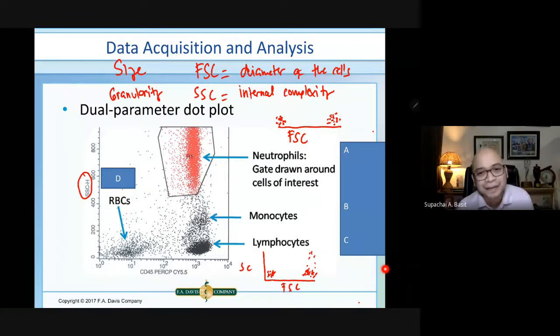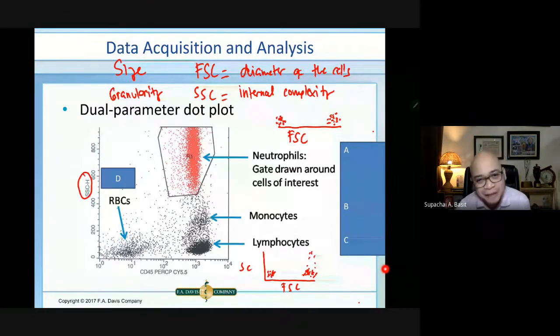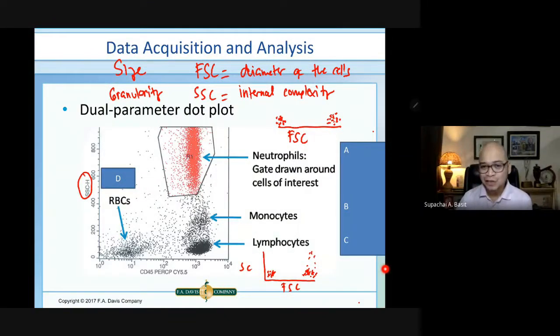Okay. Remember that there are two types of WBCs, right? WBCs could be granulocytes or agranulocytes. Granulocytes, ano ba yung mga granulocytes? These are your neutrophils, basophils, and eosinophils. They have granules. Ibig sabihin, since they have granules, then they can be detected also by the SSC, because SSC refers to internal complexity.